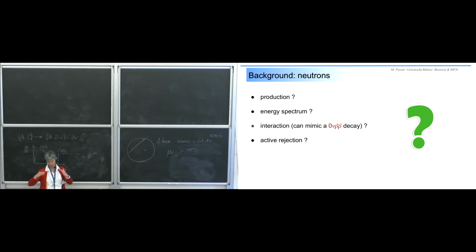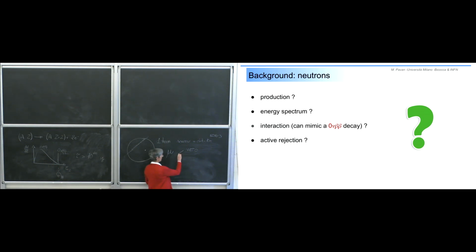Underground, I still have muons. And to reject events that are induced by muons and produce counts over here, what I can do is to build a veto surrounding my detector and then tag events that can be induced by muons.